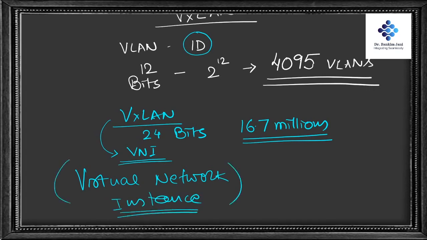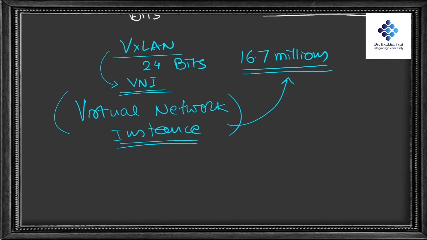So that means we can actually create 16.7 million instances. This is similar to, just for an example, we say that this is VNI, let's say 15,000, and there is a router in between, and there is another VNI number, let's say 20,000, and they are communicating.